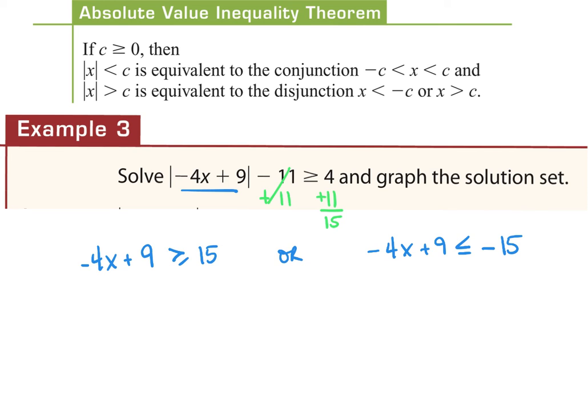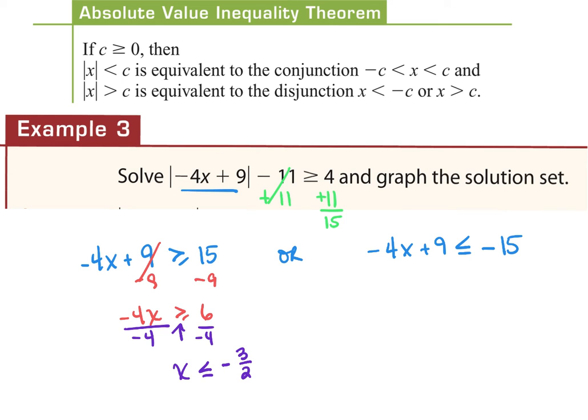All right, and then once you do that, you're just going to solve. Subtract 9 over, you're going to get negative 4x is greater than or equal to 6. Here's a situation where I am dividing by a negative. So I will get x, and this will flip because I divided by a negative, is less than or equal to, and reduce, negative 3/2.